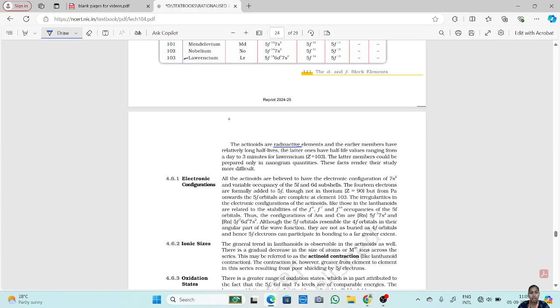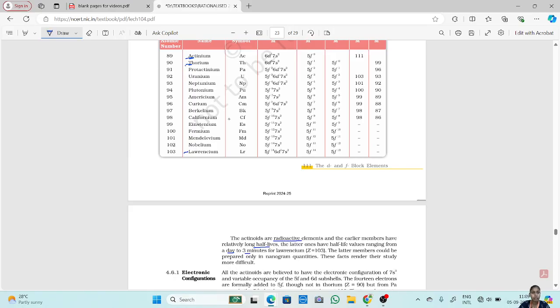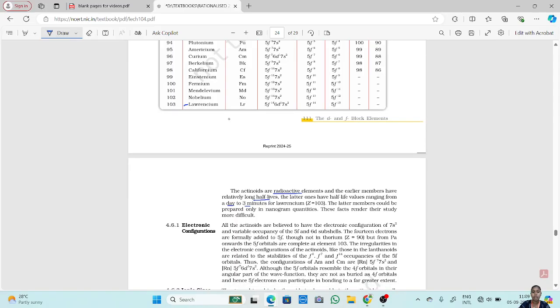Later members could be prepared only in nanogram quantities. We can't prepare them in high quantities.